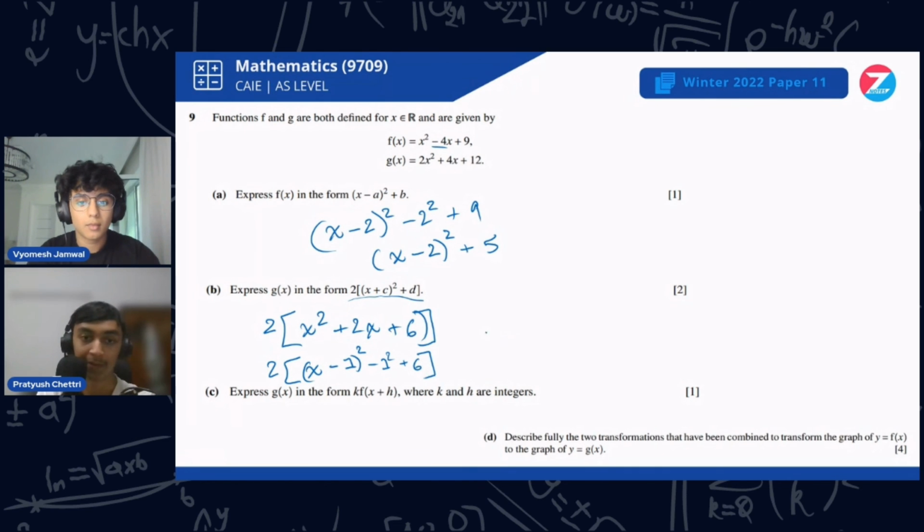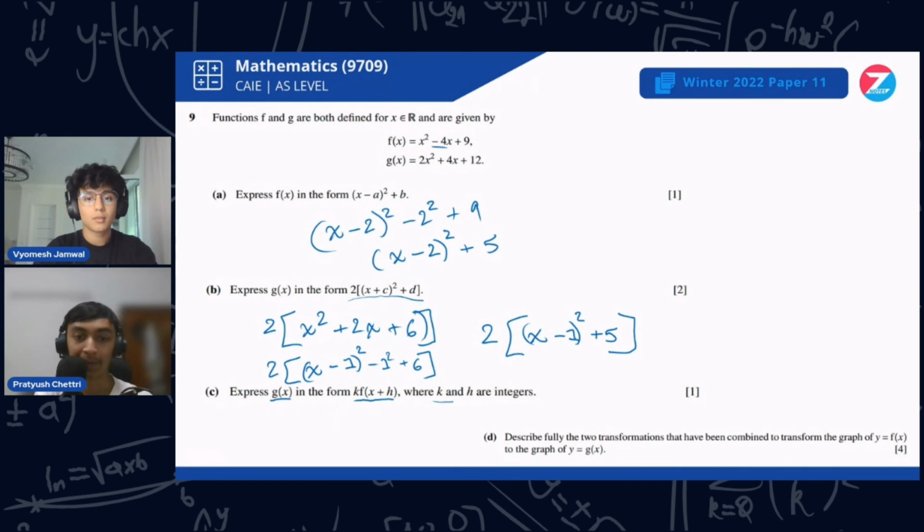And that looks like 2 times (x plus 1 whole squared minus 1 plus 6), which is plus 5. There you go. And now we express g of x in the form k f of x plus h, where k is introduced. So we're using f of x and adding or multiplying. So we're transforming f of x onto g of x.